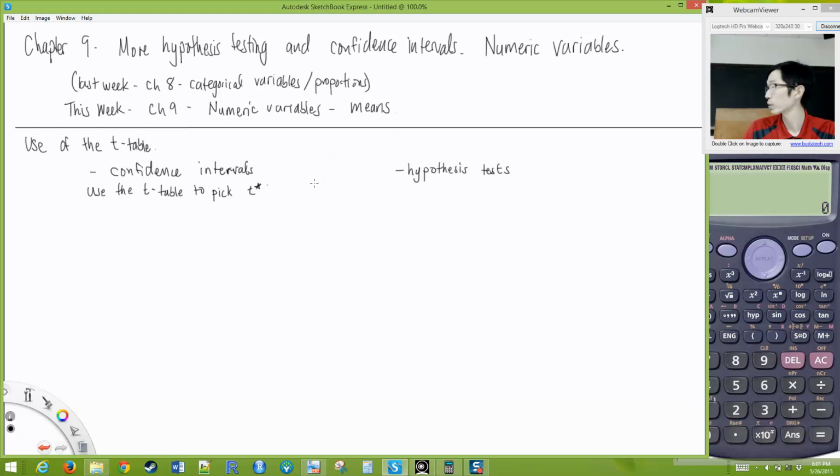Okay? So we're going to come up with a value called t star, and we use the table to pick that. The choice of t star depends on 2 things. The first thing is the confidence level. And the second thing is the DF, which stands for degrees of freedom.